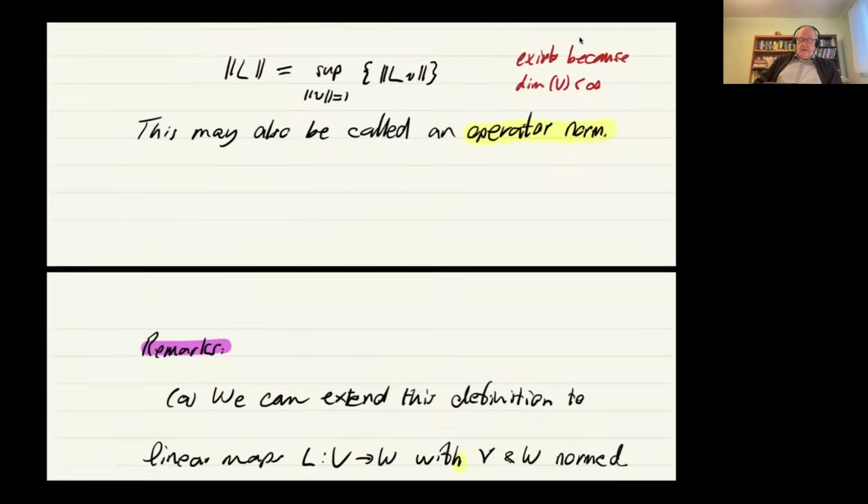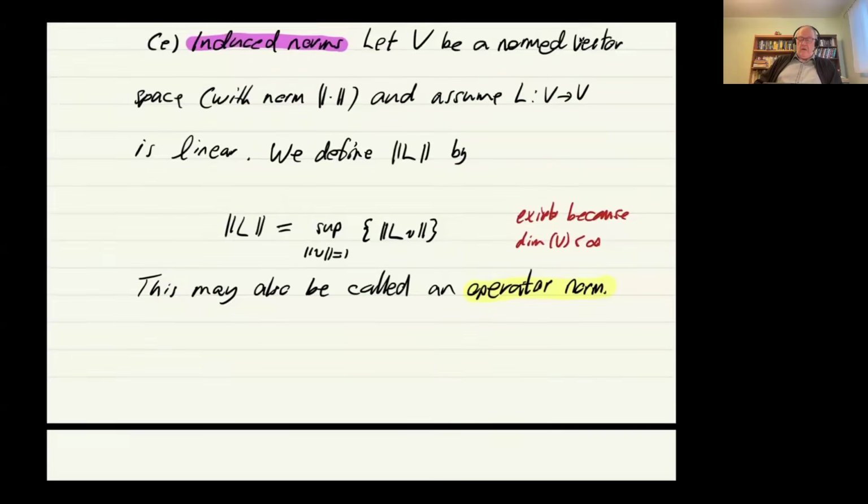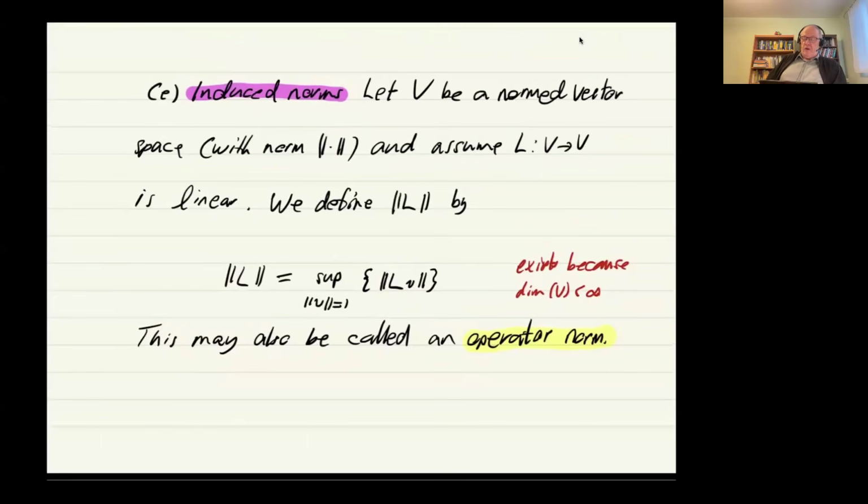The advantage of induced norms, which is written down later on but I'll come to it now, is that the norm of a product, the norm of A times B, is bounded by the norm of A times the norm of B. This is very useful. When you're trying to prove the exponential exists, you'd probably assume your norm has this property and use that.